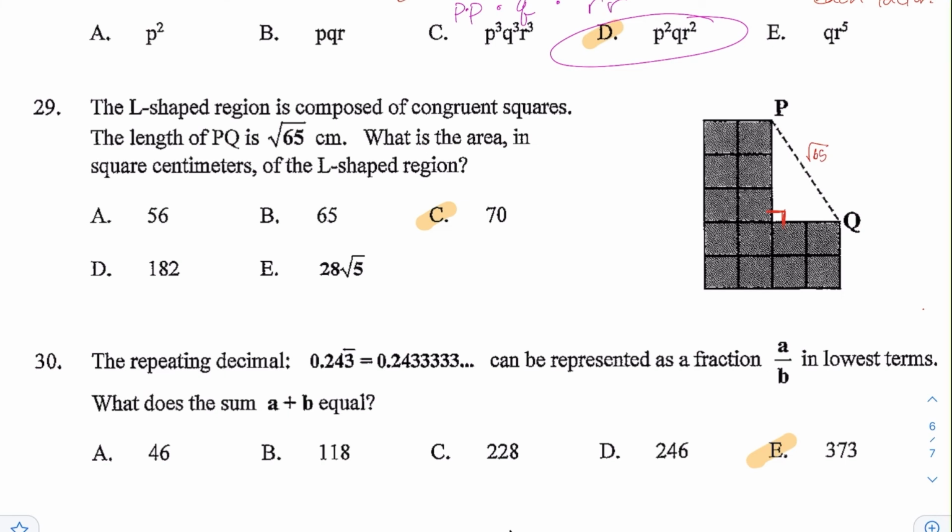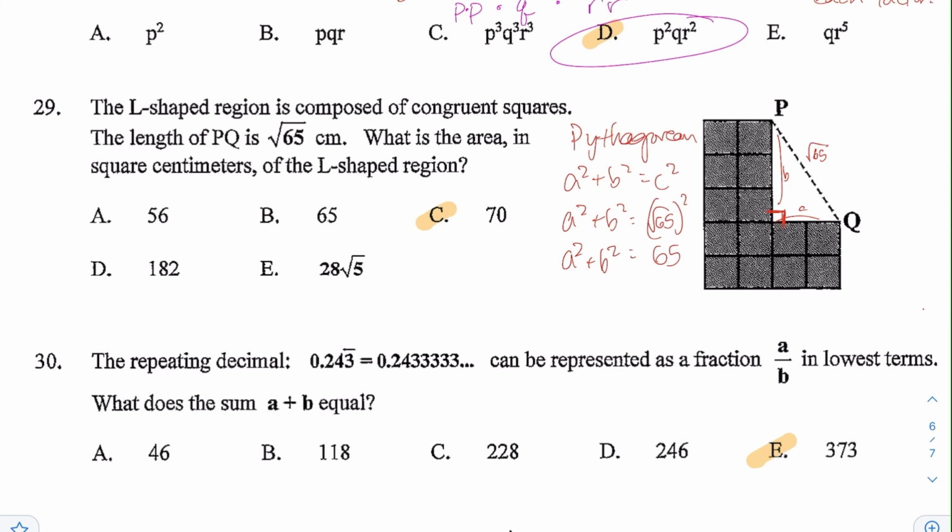For this triangle, you can use Pythagorean, which is that a squared plus b squared is equal to c squared. In this case, the two sides would be a and b. So you know that a squared plus b squared has to be equal to the square root of 65 squared, which is just 65.